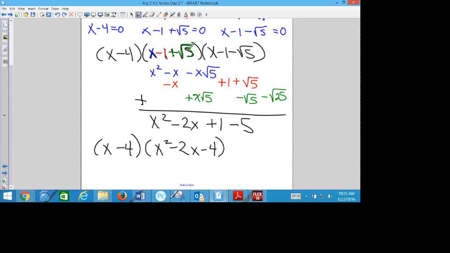That's so far. I'm going to multiply one more time. So we're going to distribute the x to all of those, and then distribute the minus 4 to all of those.